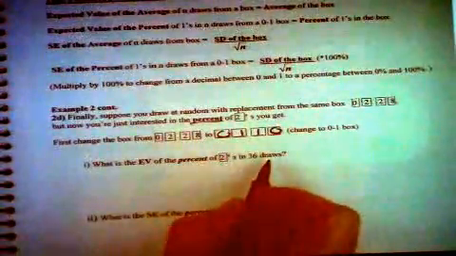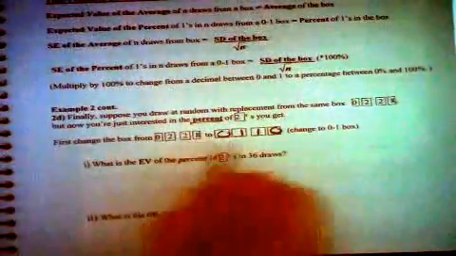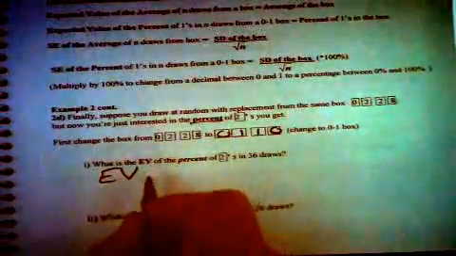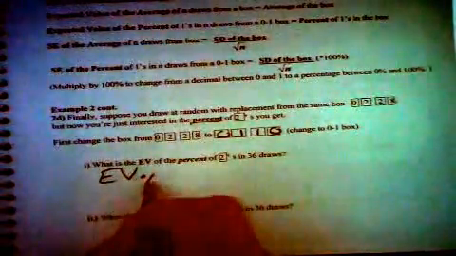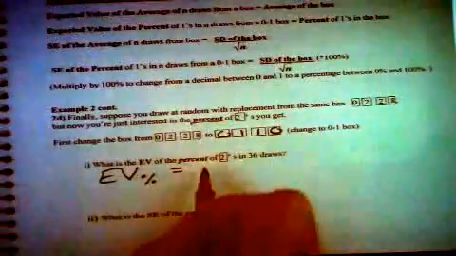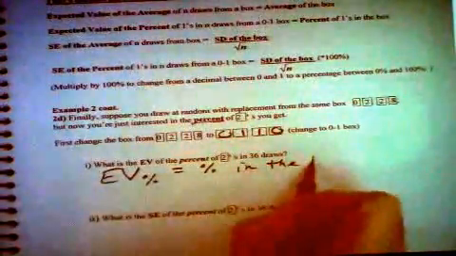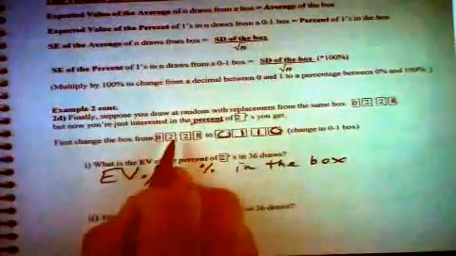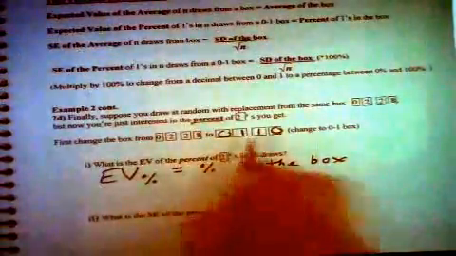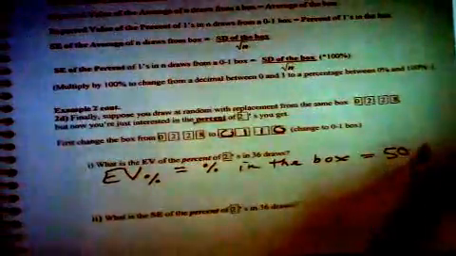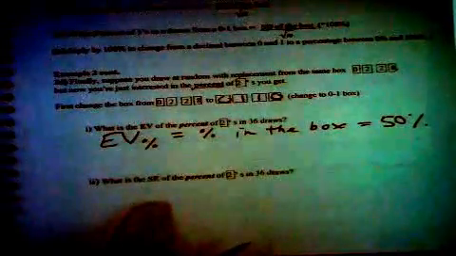And the expected value of the percent of twos, there's 50% twos here, or 50% ones here. So the expected value of the percent is just going to be equal to the percent in the box. The percent of 2's in that box, or the percent of 1's in here. So that's 50%.